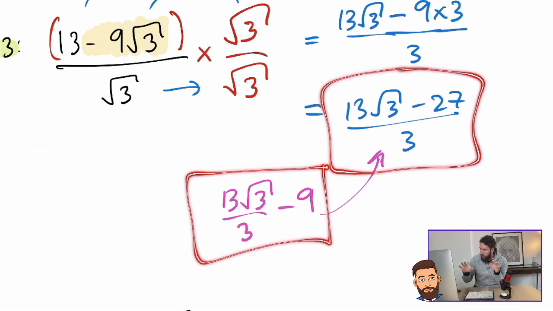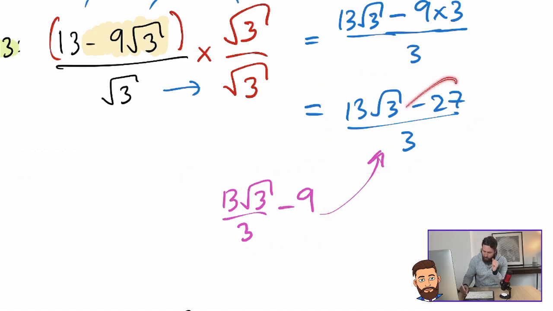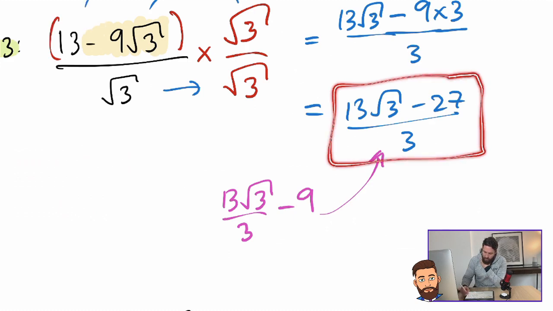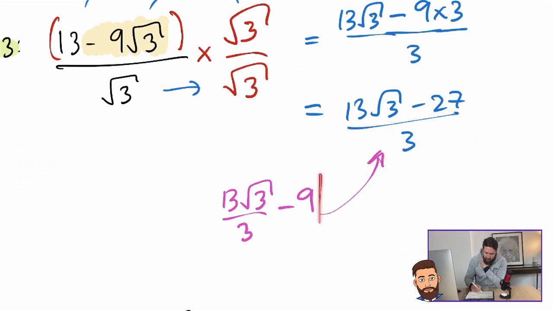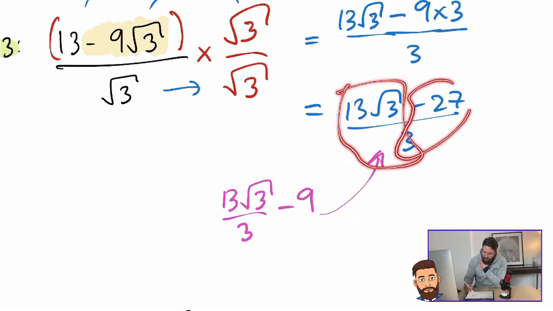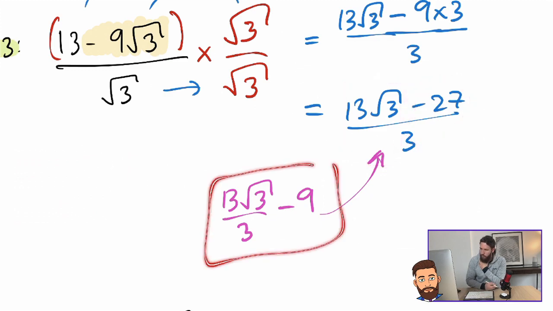It's just I've split them into 2 fractions and realised that that does actually go into 27. However, I'm quite lazy. This is a lot easier just to leave your answer like this. But if they ever ask you to have it in a certain form, just be aware that you can split this and this into 2 separate terms.